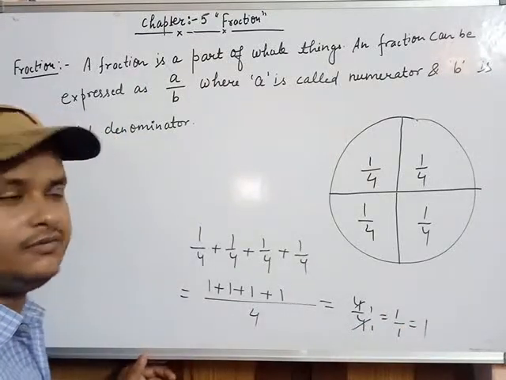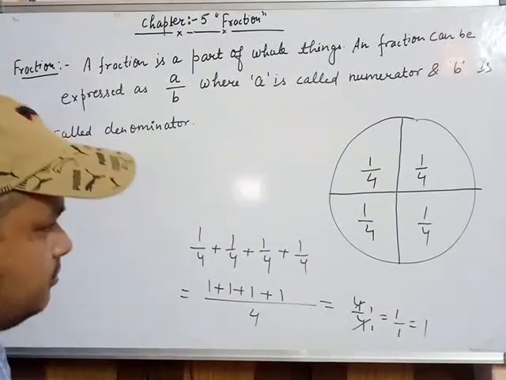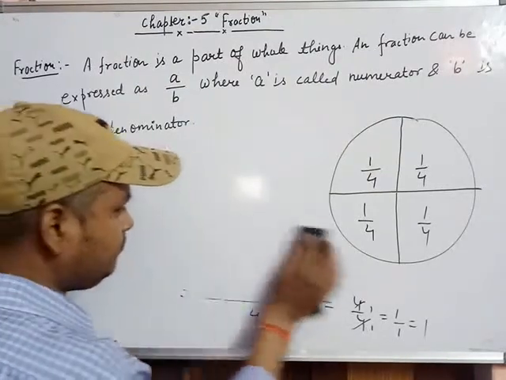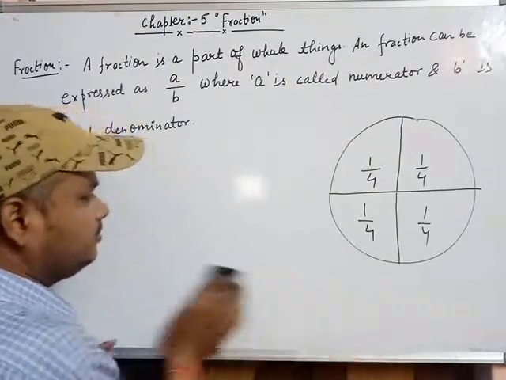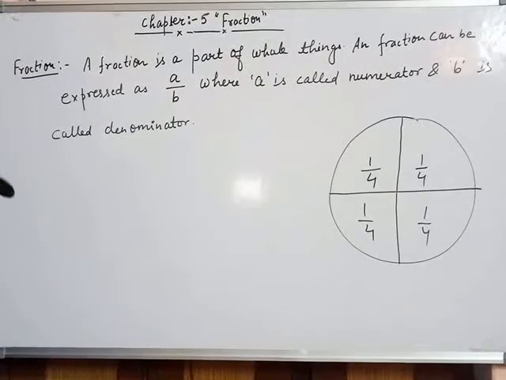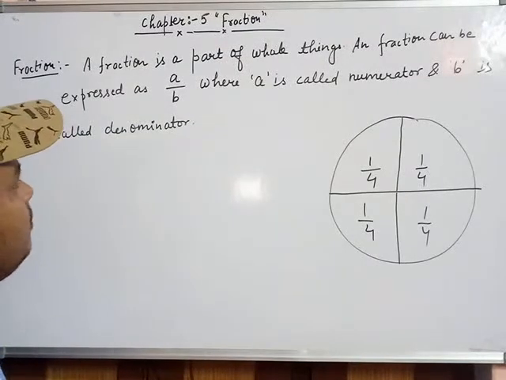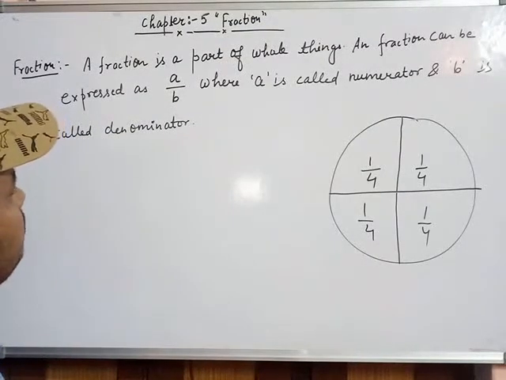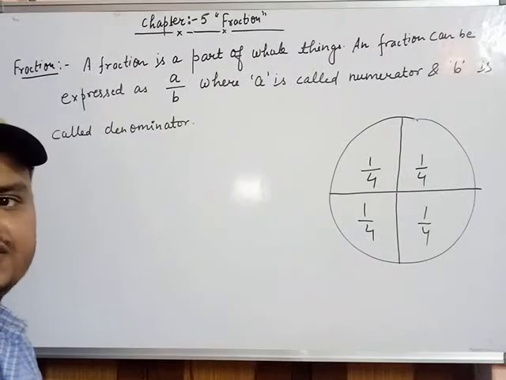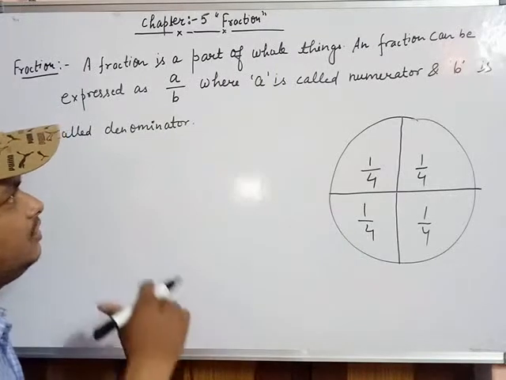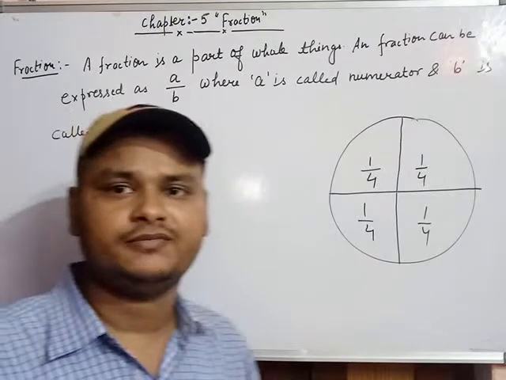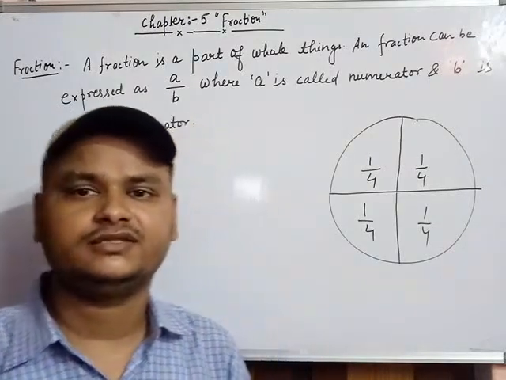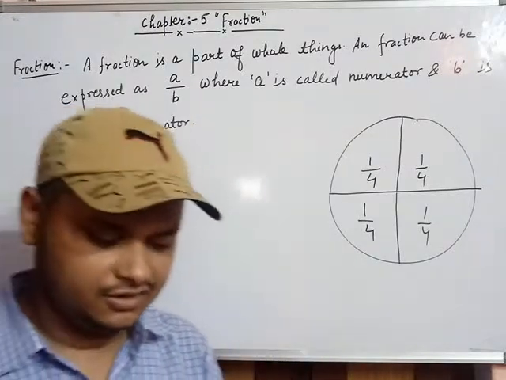So I think you all understand the concept of fraction, that fraction is a part of a whole thing, and is expressed as a upon b, where a is called numerator and b is called denominator.